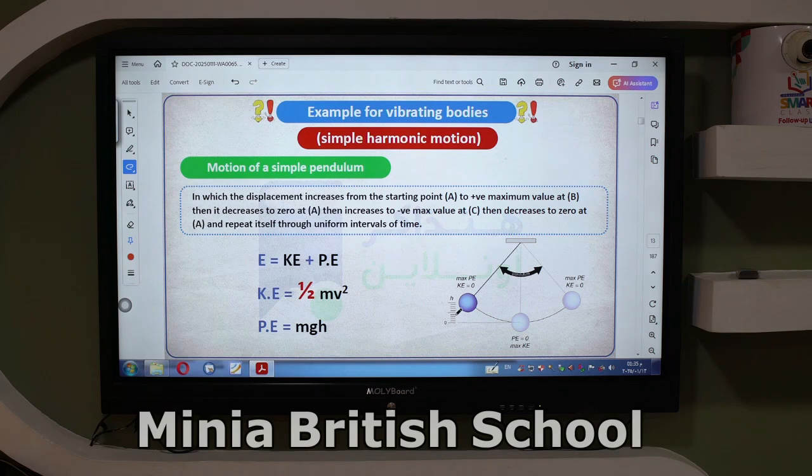Again, the kinetic energy decreases from here to here, and the potential energy becomes maximum, and so we make the last motion to complete our vibration from here to this point. Okay, this point will be the end of our complete oscillation.